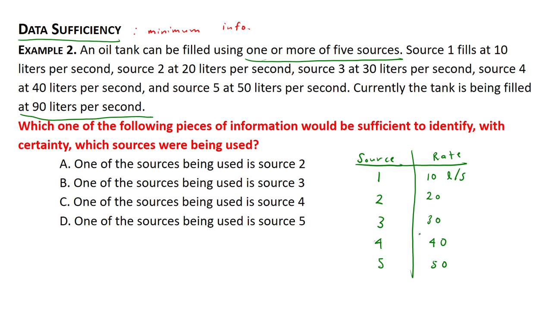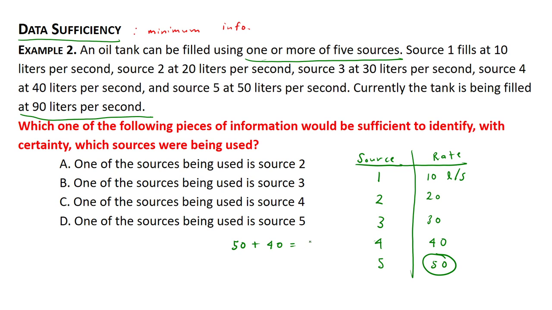Okay, so one possibility is, first let's assume that we are using source 5, 50 liters per second. If that's the case, then the total is 90. We are already using 50, so that means we need 40 more. To produce 40 liters per second, we should be using source 4.